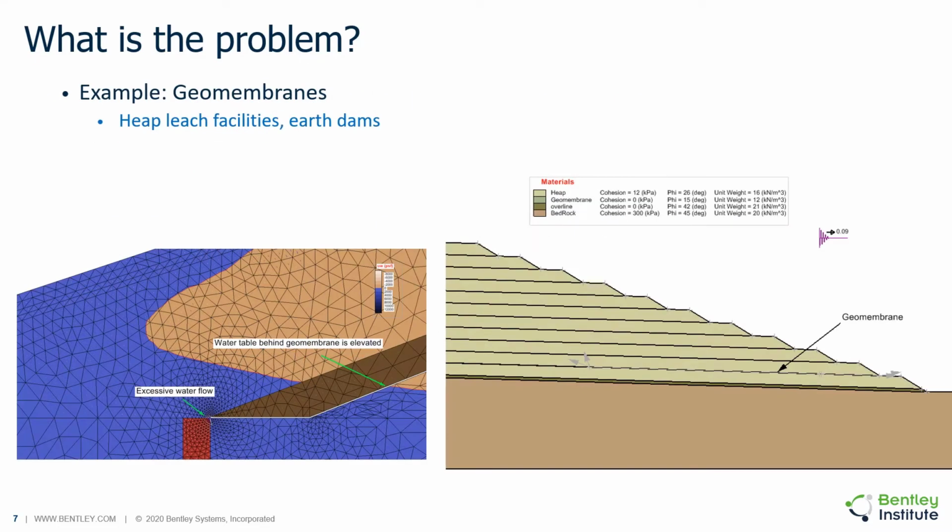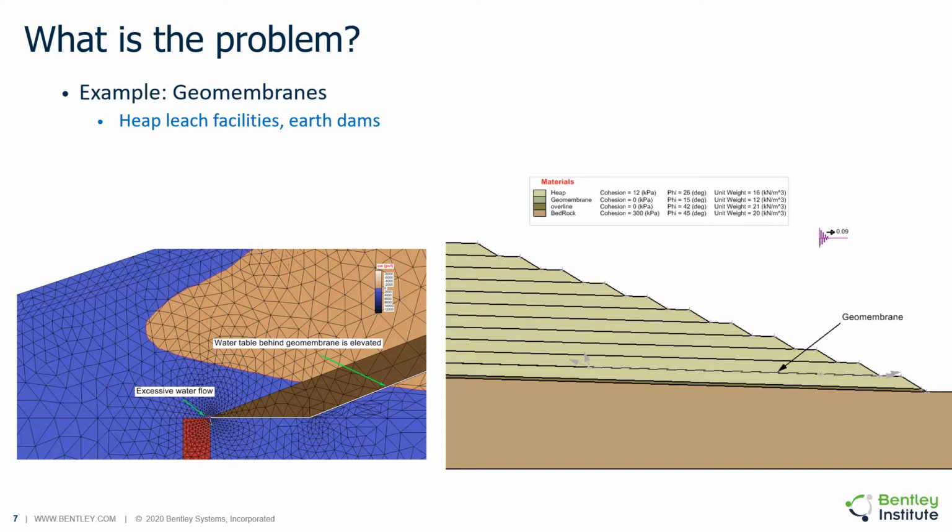A particularly challenging aspect of finding slip surfaces is when geomembranes are present in earth structures. In this particular case, a geomembrane is placed between lifts of material in a heap leach facility. However, the shear strength of the geomembrane is significantly less than the surrounding material and therefore creates a preferential shear pathway.